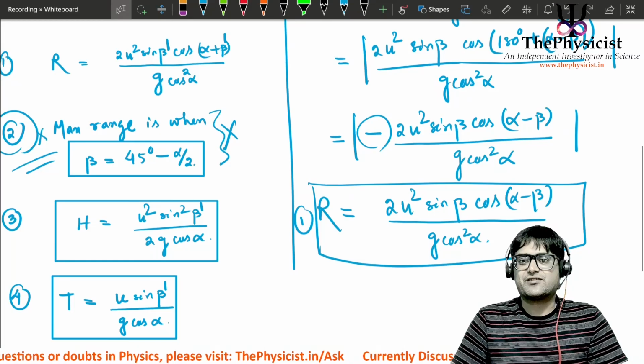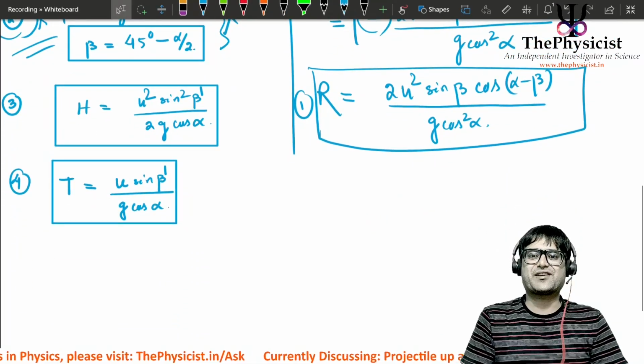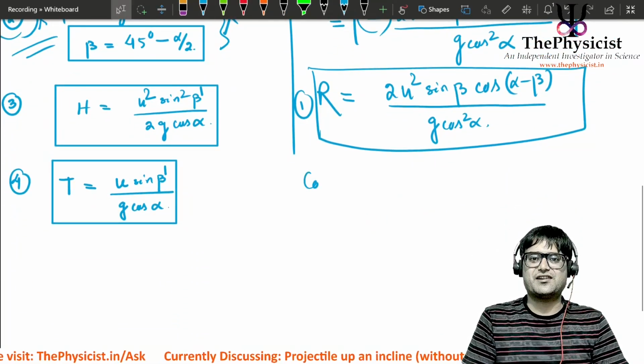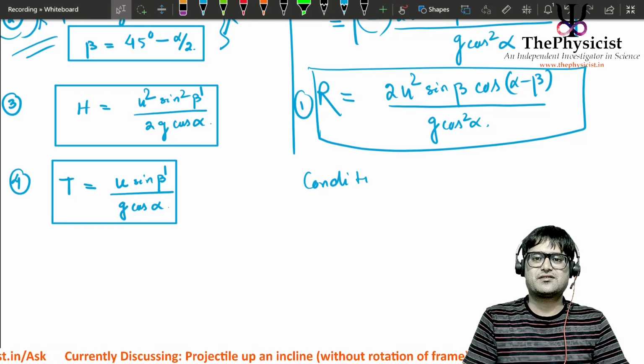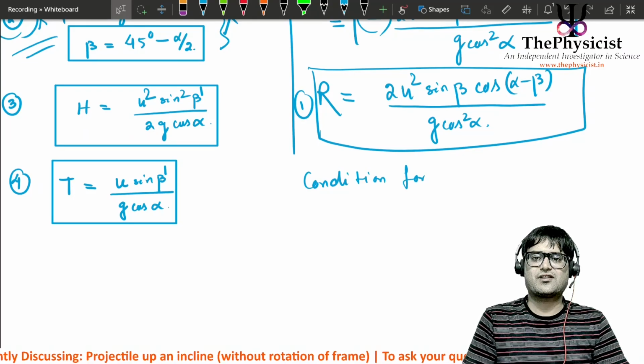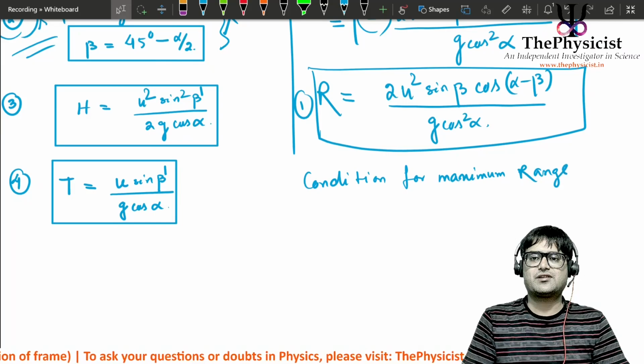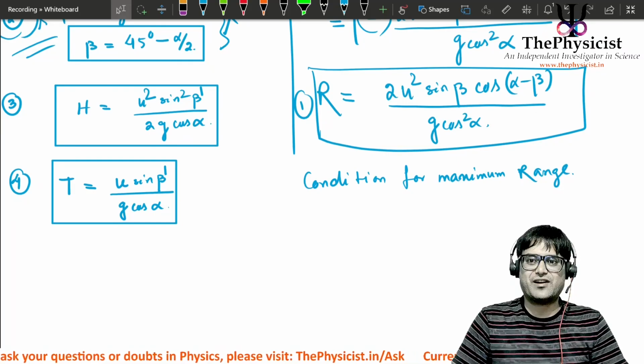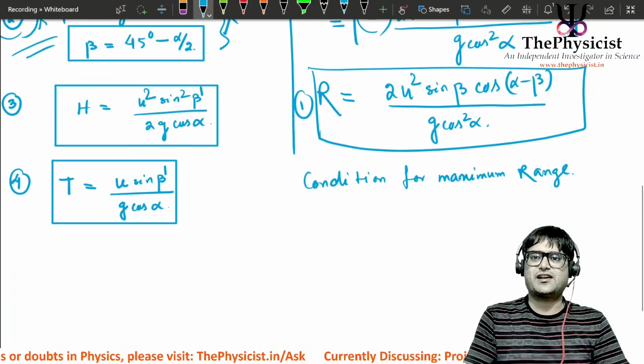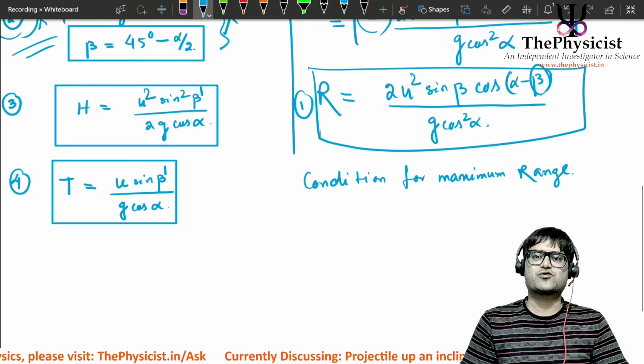Second, now let's answer what would be the condition for maximum range, depending on what value you choose for beta.